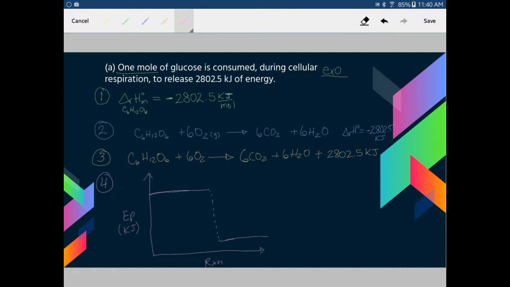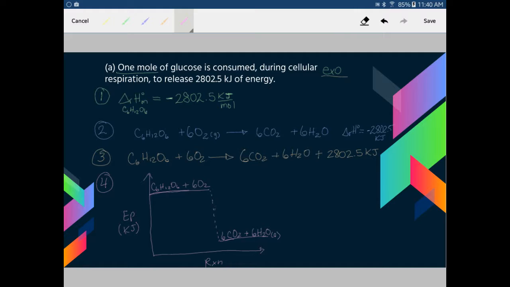So then I'm going to record my reactants, which is my glucose. Notice that I'm writing down the balanced reactants. I need 1 mole of glucose and 6 moles of oxygen gas, and I produce 6 moles of carbon dioxide and 6 moles of water vapor. In this case, we're probably producing liquid water because it's in a living system.